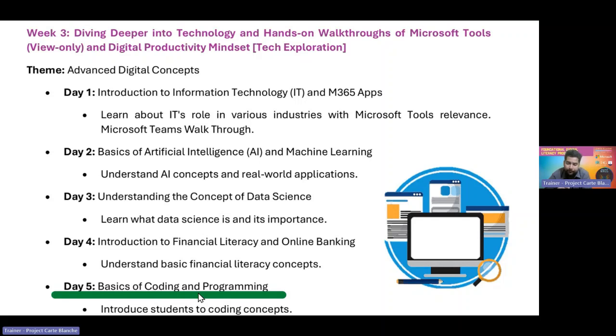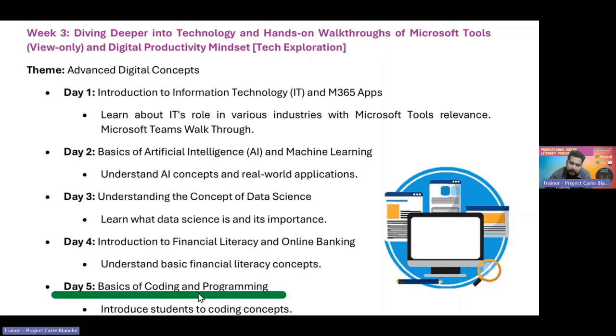Then we spoke about a very important and trending topic, artificial intelligence and machine learning, where we understood the main difference between machine learning and artificial intelligence, and with so many examples how artificial intelligence works, which stage we are in right now, how we can have proper jobs in the future for artificial intelligence, and how we can train our system, and which languages are required to train our system.